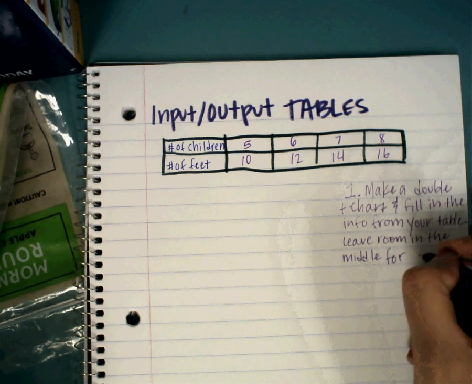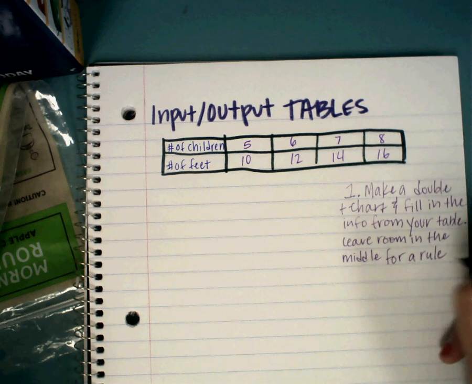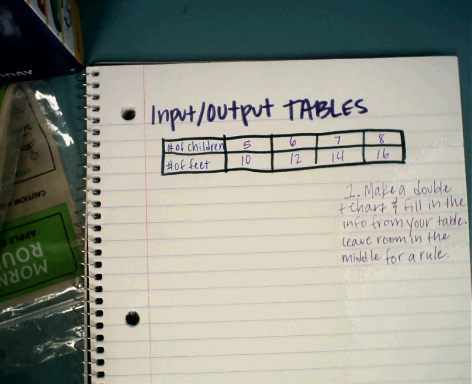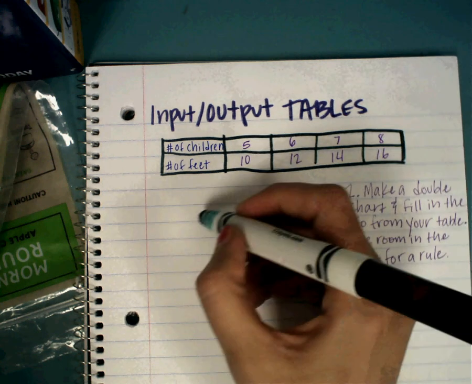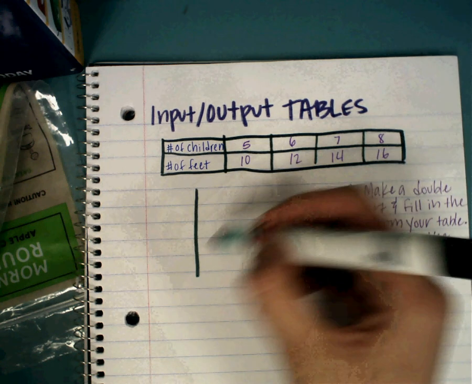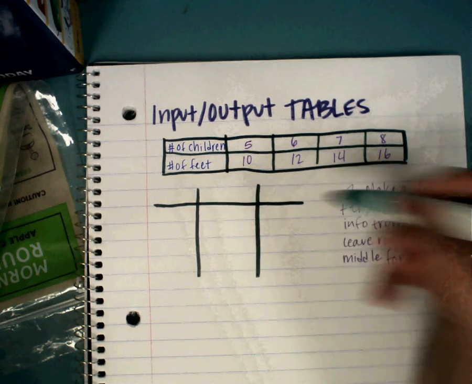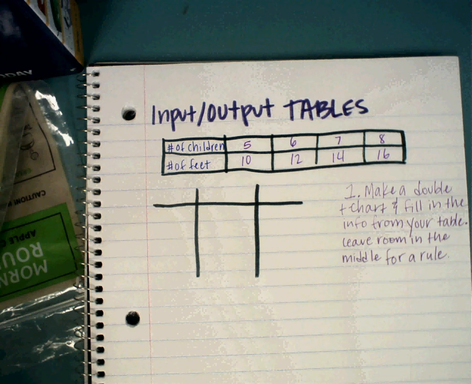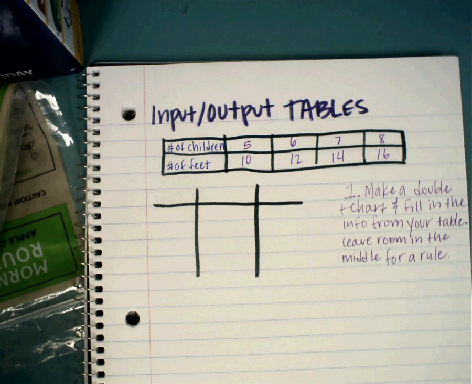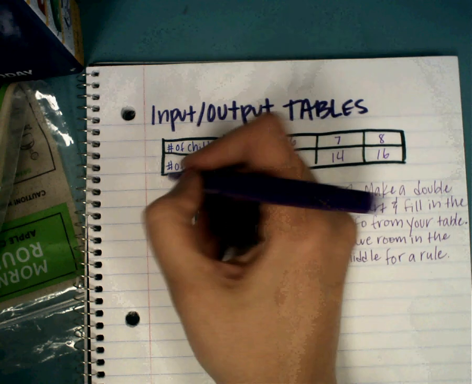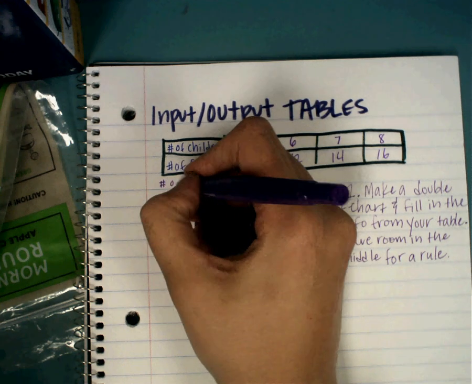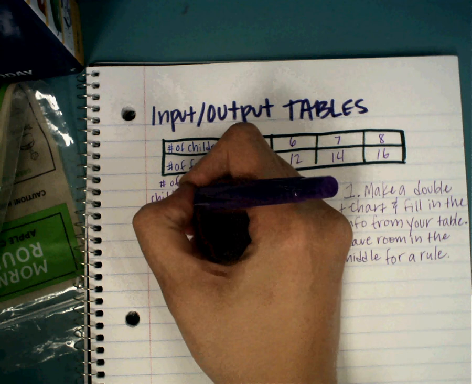So let's go ahead and do that. A double T-chart looks a little something like this. We're going to do like this, and then we're going to come across like this. So you see how it's 2 T's connected? So it's called a double T-chart. So on this side, we need to say number of children, and then number of feet.